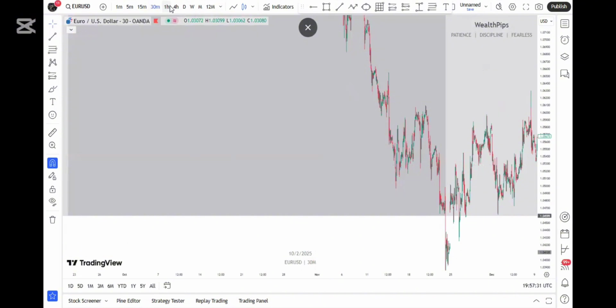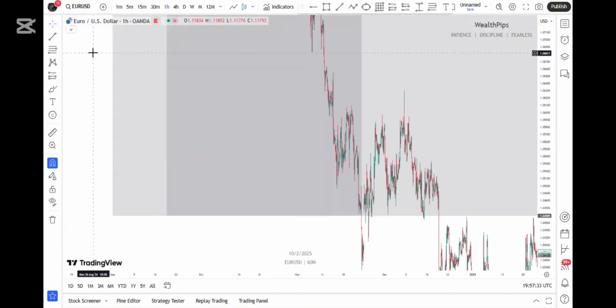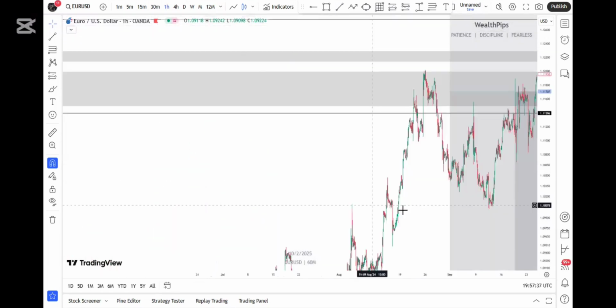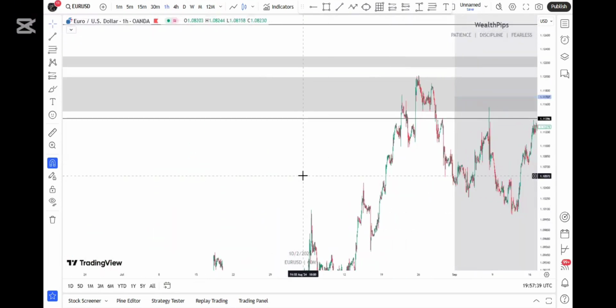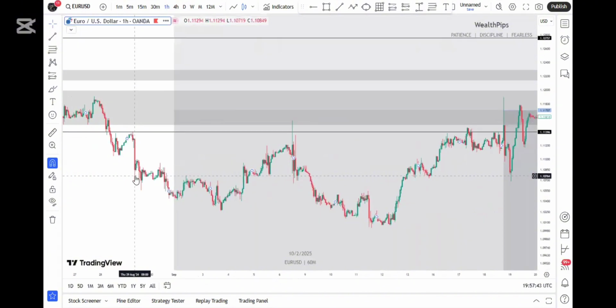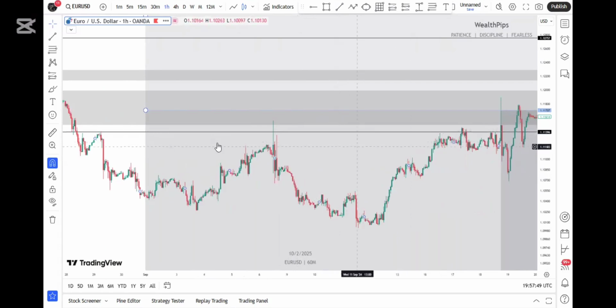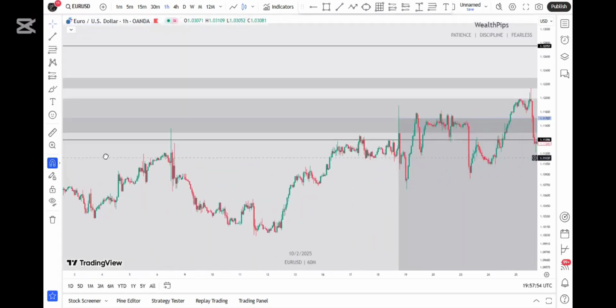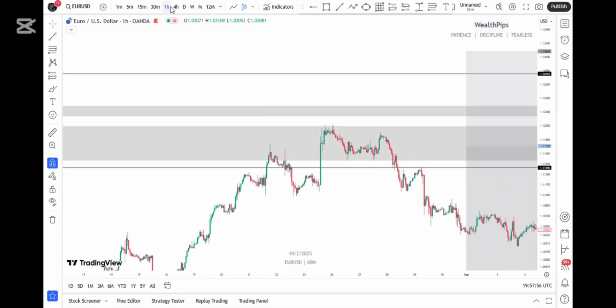For me personally, after doing these things, I already have my direction of the market. I can come down to the 15 minutes time frame to take my entry and execute my position. So I normally use the 15 minutes time frame to execute my position. So that's it for that, guys.